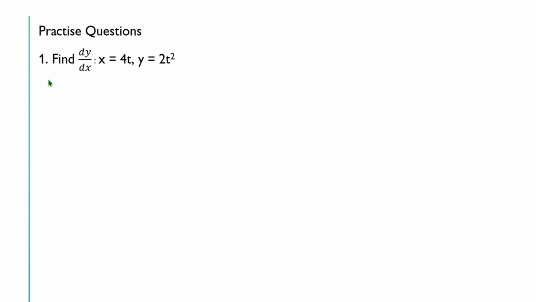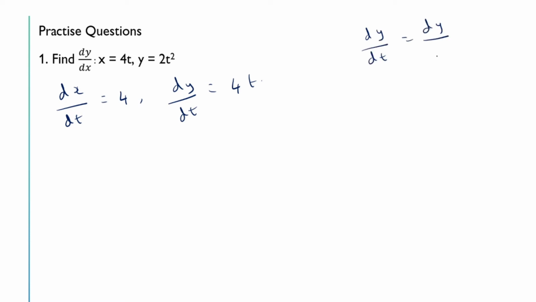Now we'll do some practice questions. Find dy by dx, x is equal to 4t, y is equal to 2t square. So first we will find dx by dt, it is 4, and dy by dt is 4t. We just now saw using chain rule, dy by dt is dy by dx into dx by dt.